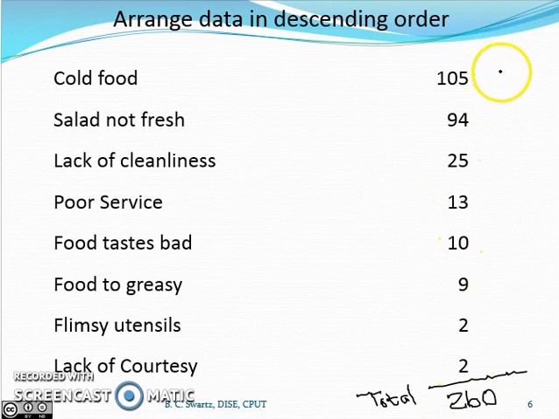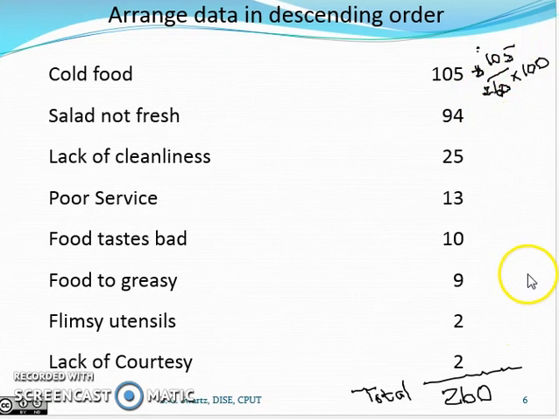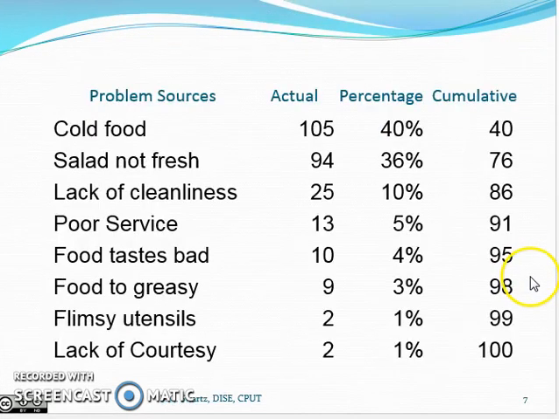And of course, we know how to calculate the percentage. The percentage of this, for example, would be 105 divided by 260 times 100. And I'm going to do that for all of them. So once I've done that for all of them, then I could display my data in a table like this.